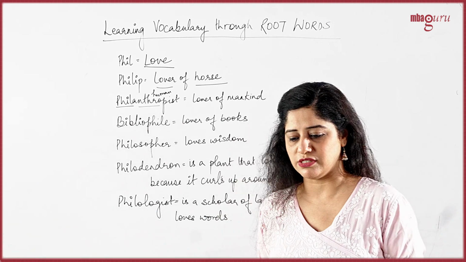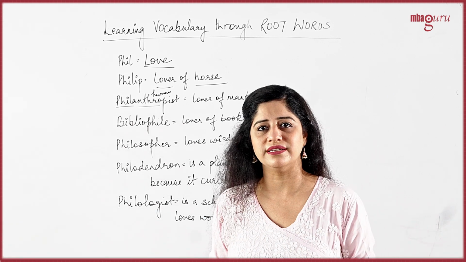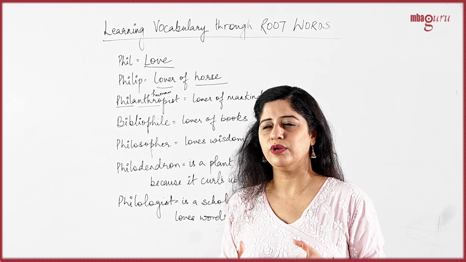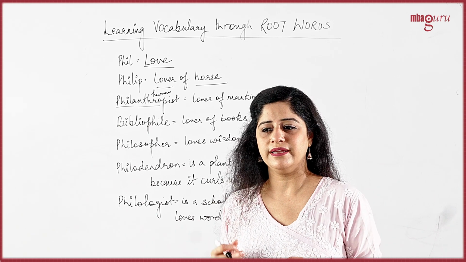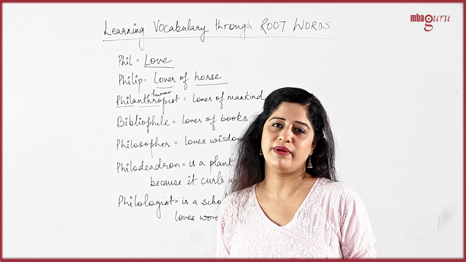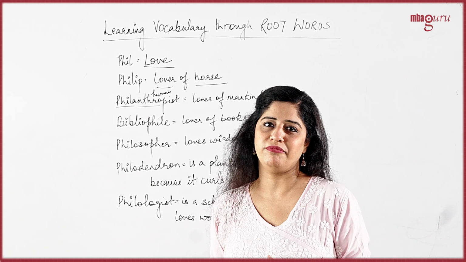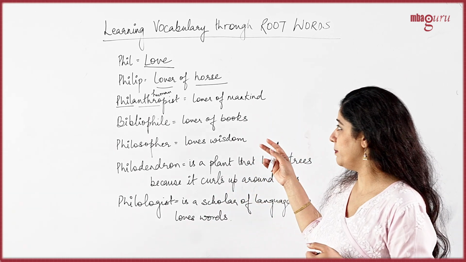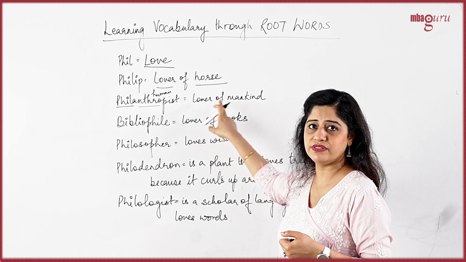A philanthropist is a person who does a lot of charity, who works for the welfare of mankind. And why do we think he or she does that? The person does charity or welfare out of the love for mankind that they show or share. So a philanthropist is a person who loves mankind.